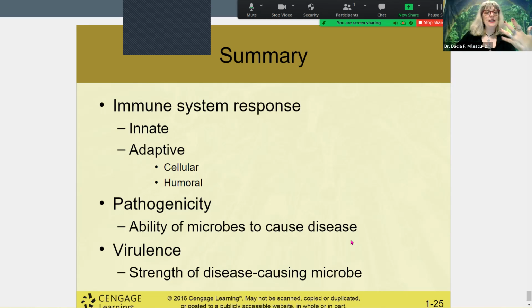And we also mentioned tuberculosis, which can form spores and lay latent in your lungs for years and then get activated to an active tuberculosis infection. All right, and then don't forget the term virulence is the strength of the disease-causing microbe.